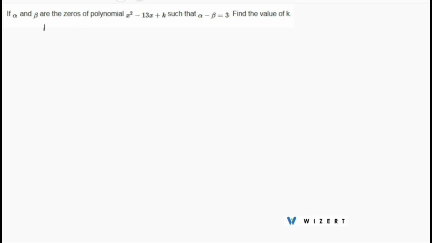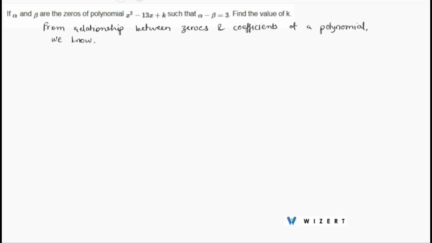Now we know from relationship between zeros and coefficients of a polynomial, we know sum of zeros is equal to negative of coefficient of x divided by coefficient of x square, that is leading coefficient.